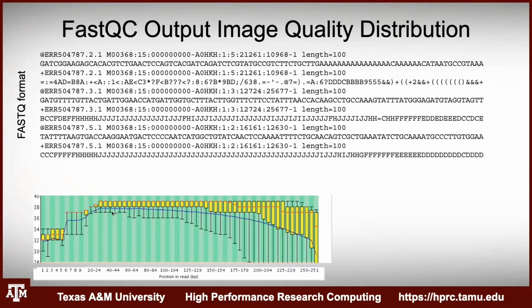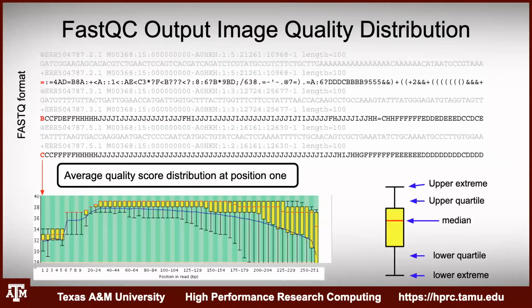If you remember, 40 is an error rate of 1 in 10,000. That's fantastic quality. For the subset of reads that FastQC looked at, it takes the quality scores for each position and calculates the mean in red, the upper and lower extremes, and the lower and upper quartiles, showing you the distribution of qualities at that position.